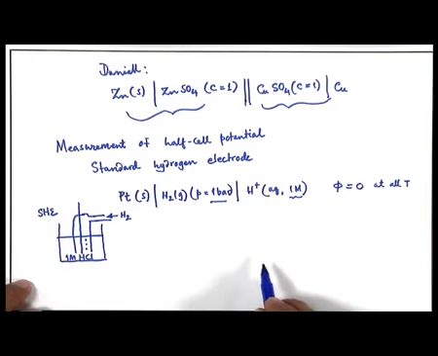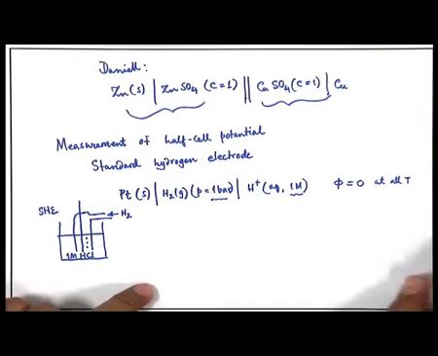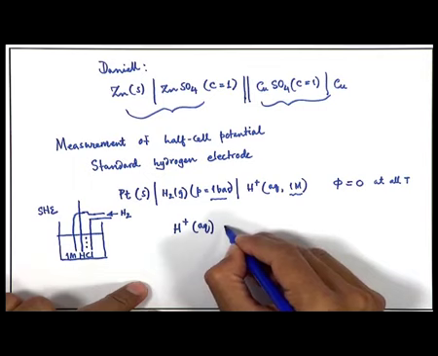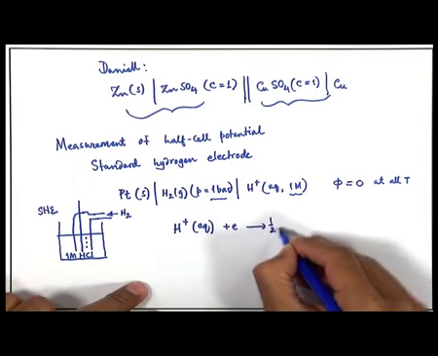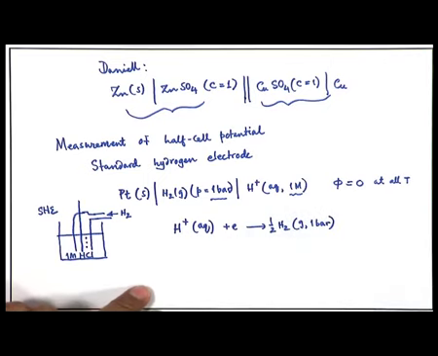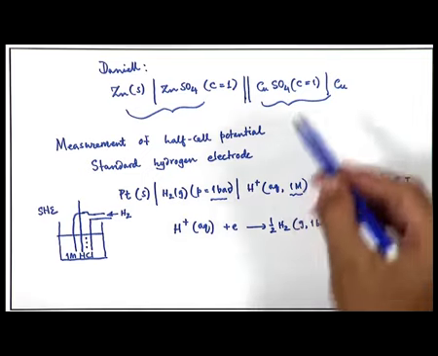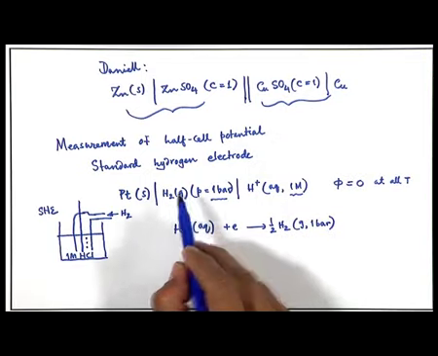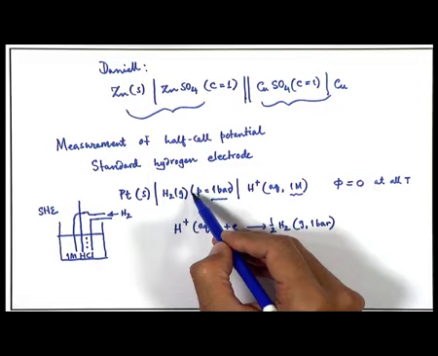At all the temperatures, its phi value, that is the half cell potential, is assumed to be 0, and the half cell reaction goes as follows: H plus plus electron gets to half H2 gas at 1 bar. So, if you want to know the half cell potential for this, then couple this electrode with either this one or with this one.